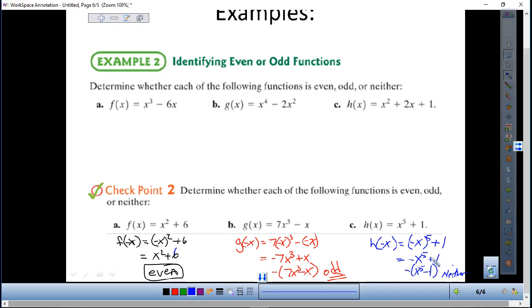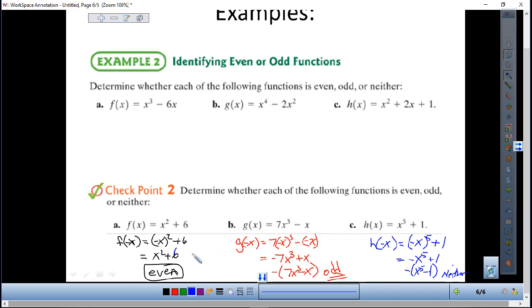Now, guys, let me tell you something real quick. I know a lot of you know a little secret or a shortcut that you just look at the powers, and that's great with polynomials. There's only one problem. It doesn't work for functions that are not polynomials, and we're going to deal with those later.